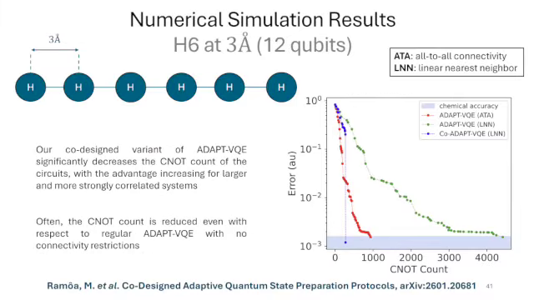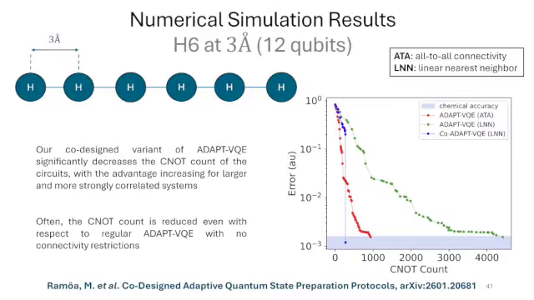And here is an example of the result of running this co-designed version of ADAPT-VQE on hardware. So we have a plot of the error versus the CNOT count in the circuit. The red curve corresponds to regular ADAPT-VQE in all-to-all connectivity. And then we transpile these same circuits to linear connectivity. That's the green curve. And the blue curve corresponds to the co-designed version of ADAPT-VQE in restricted connectivity as well, so also linear connectivity.